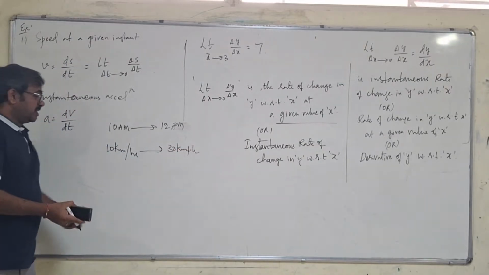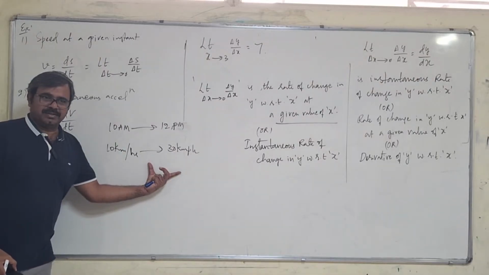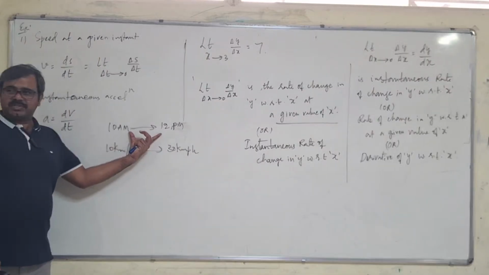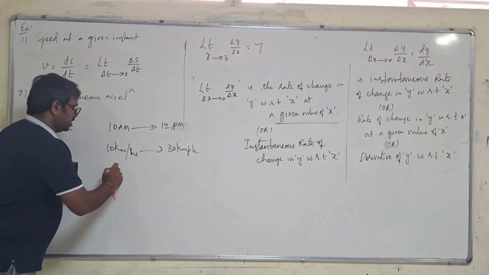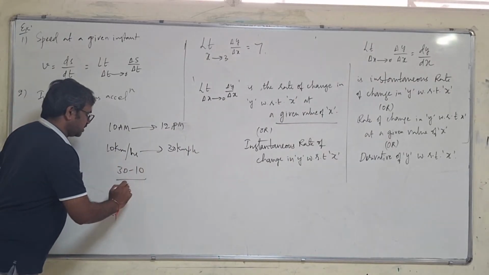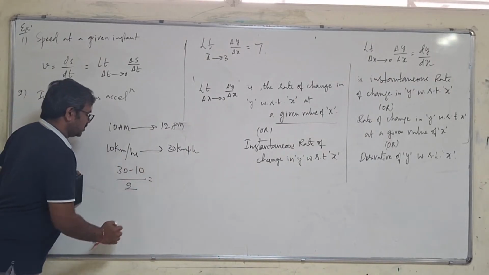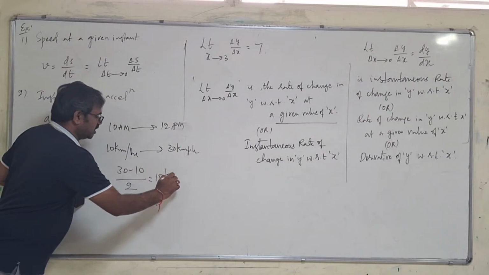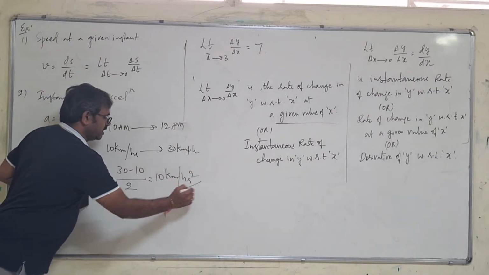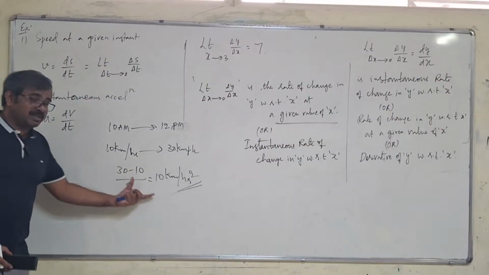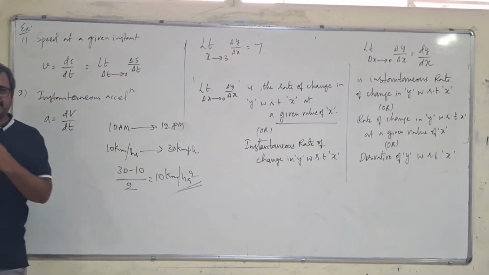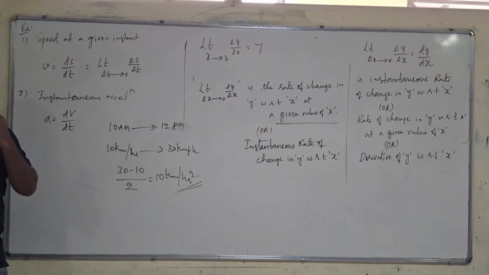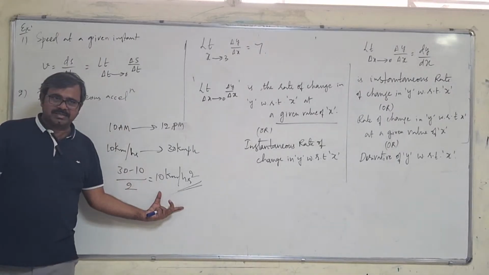Then you would find change in velocity, 30 minus 10, and time interval is 2 hours. You would say 10 kilometer per hour square is acceleration. But this acceleration is what? Average acceleration.